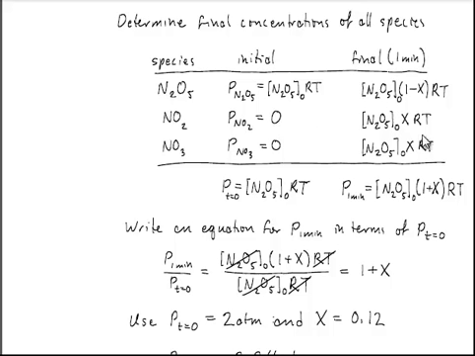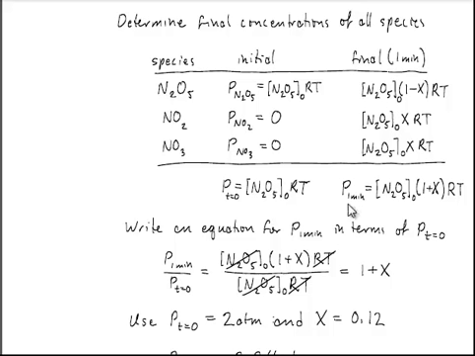After the reaction has happened, we have the fractional conversion multiplied by RT times the N2O5 initial concentration. That's the concentration of both NO2 and NO3. Of course, we've already talked about the conversion changing the initial concentration of nitrogen pentoxide. All we have to do to convert that into a pressure now is to multiply by RT. And all of these terms here have been multiplied by RT so that they represent partial pressures.